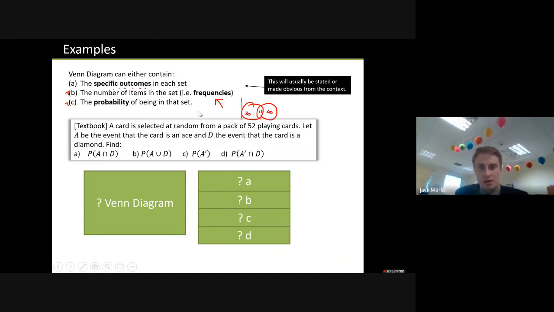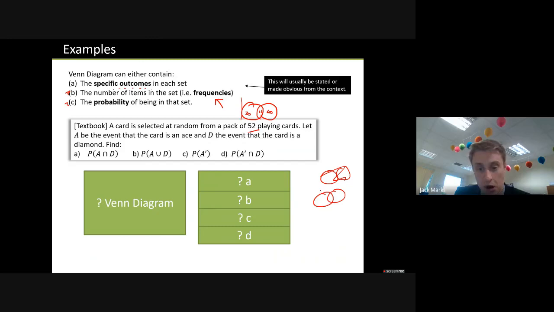So we've got some quick questions here. The card is selected at random out of 52. So that's probably something to do with the denominator. Let A be the event that the card is an ace, and D that it is a diamond. So just think about this for a second. Can you have an ace and a diamond at the same time? Yes. So there should be some overlap to your diagram.